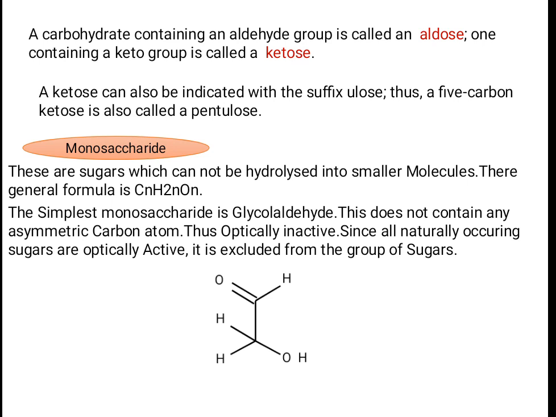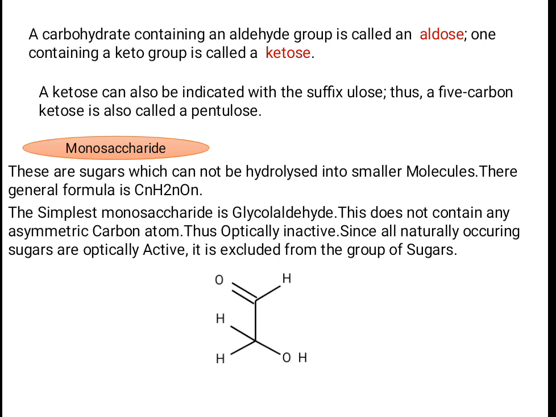Now come to the branch monosaccharide. This is a huge branch. These are sugars which cannot be hydrolyzed into smaller molecules. Their general formula is CnH2nOn. The simplest monosaccharide is glycolaldehyde, with 2 carbon atoms.